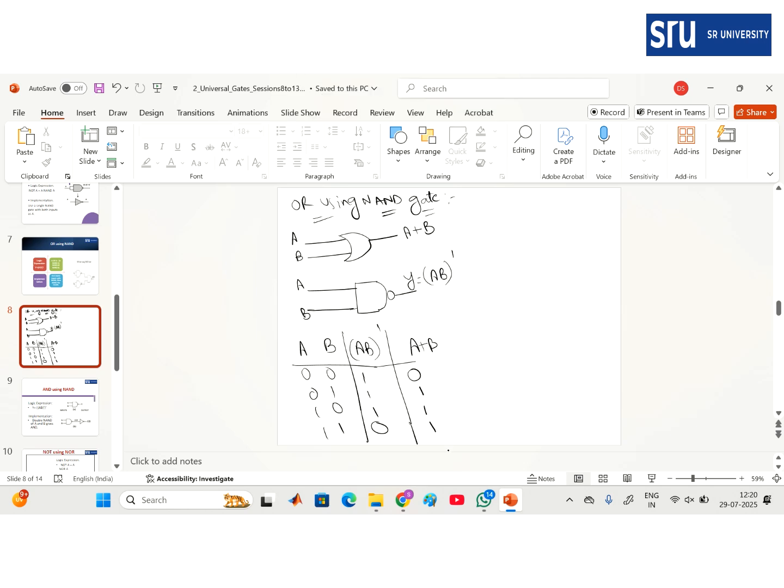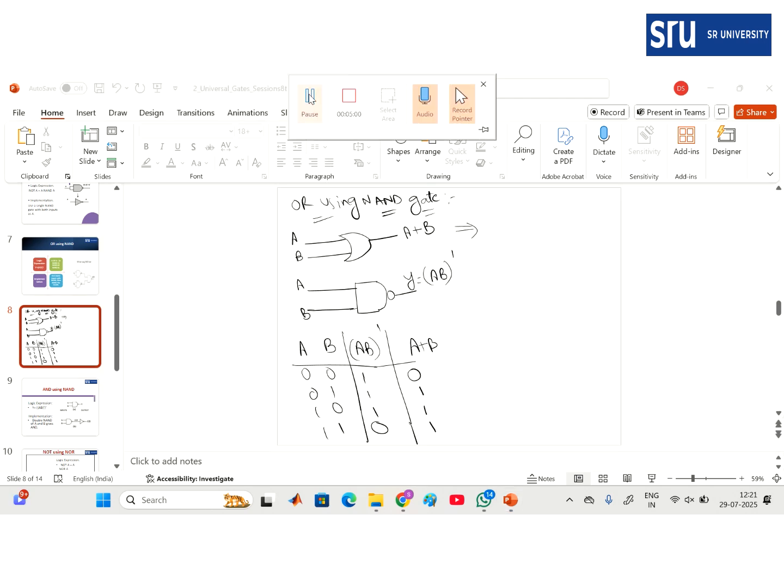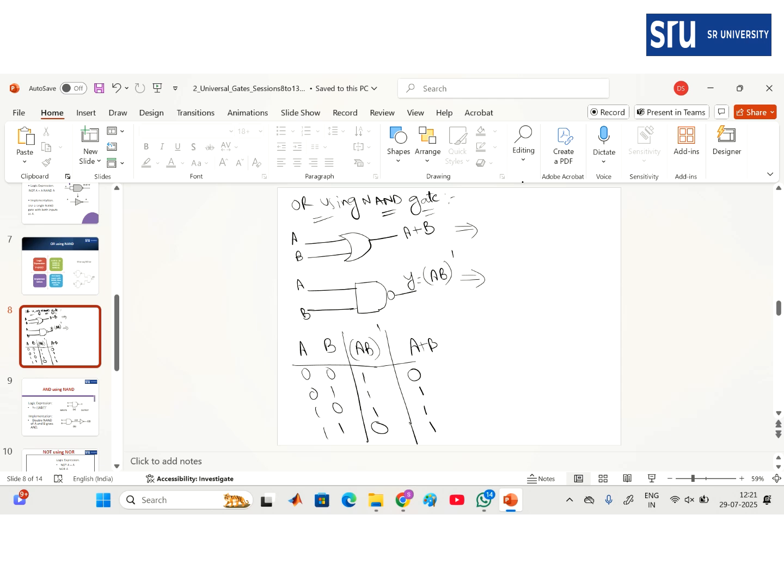Now this is the OR gate expression. If I complement this output expression and apply De Morgan's theorem, then whenever I use a complement, A becomes A bar, dot becomes plus, and plus becomes dot.